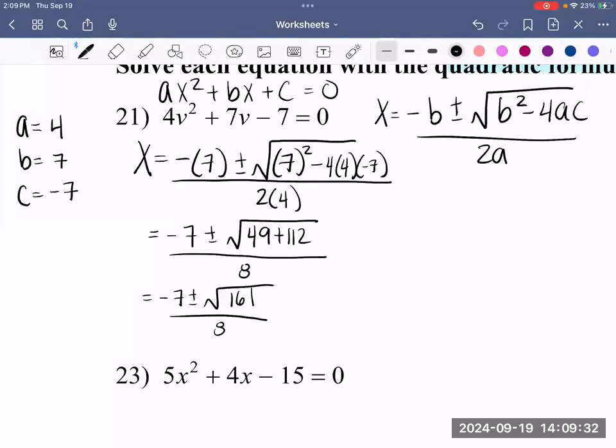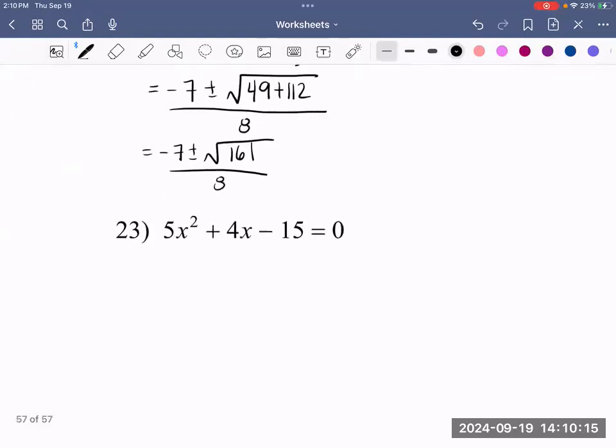Okay, so 161 is not able to be reduced any further. So this should be your final answer here, because the square root of 161 cannot reduce any further, and will have to remain. So let's try it again with the very next one.